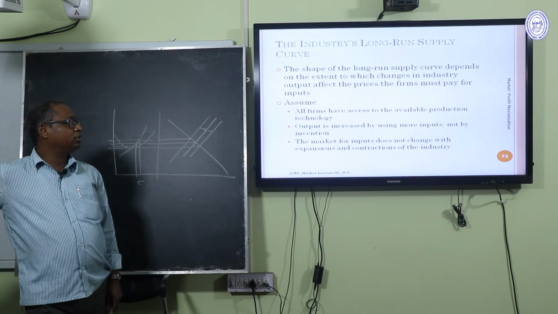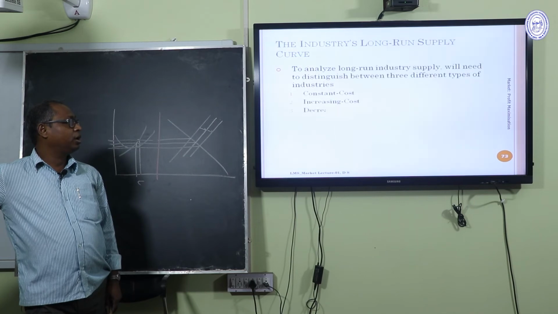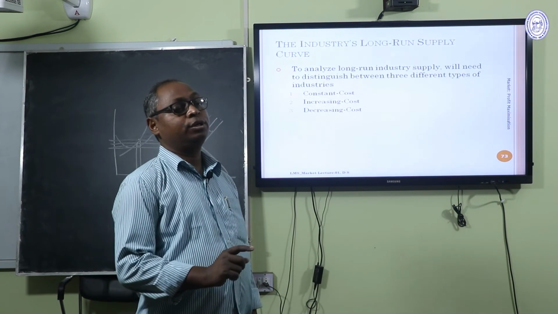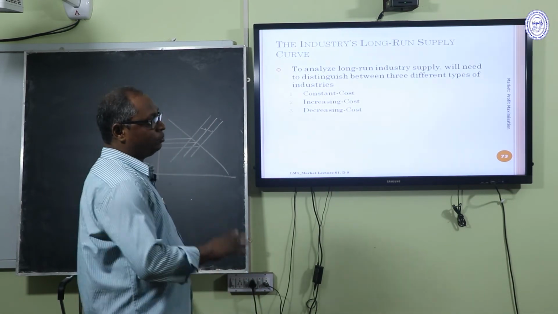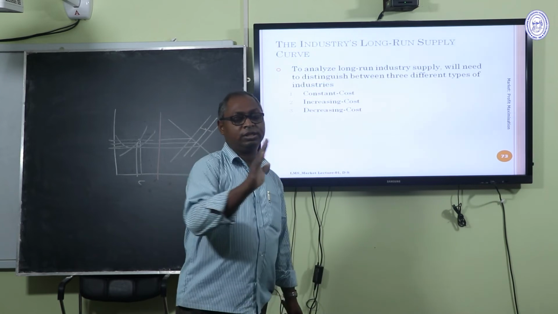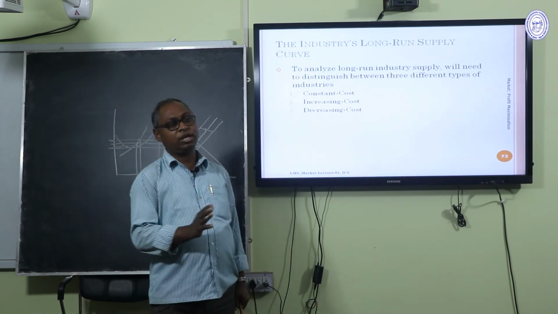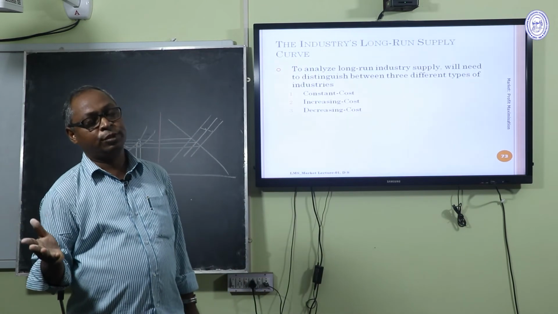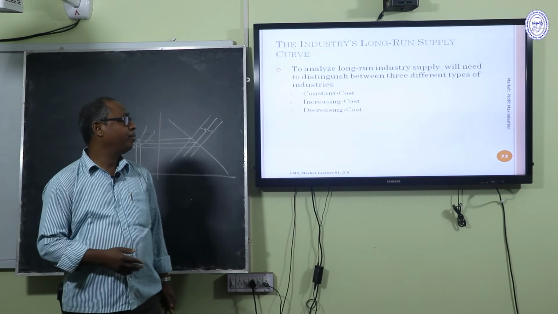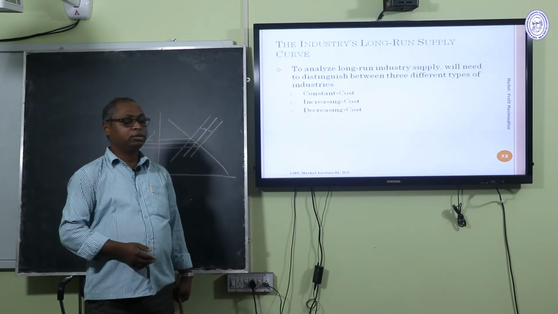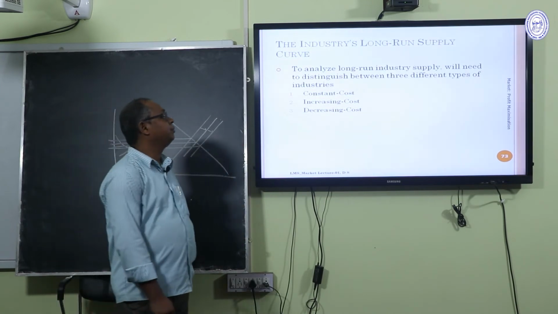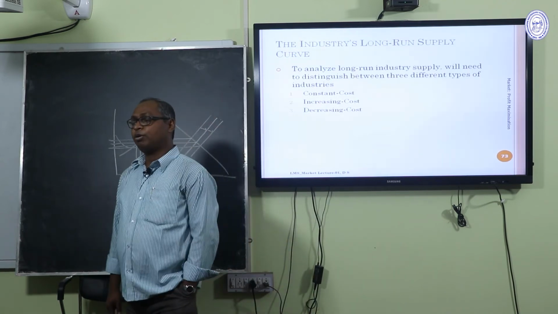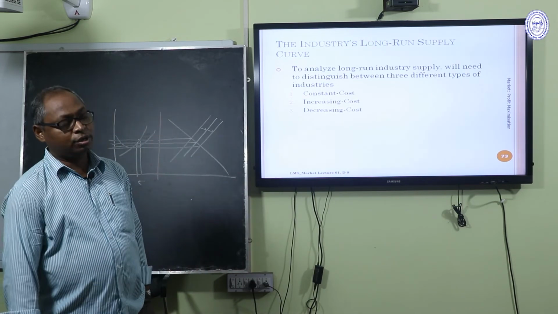In the previous section we had an idea about how to derive the firm's short-run supply curve, and from this we take the horizontal summation of all firms in the industry, and we got the short-run supply curve of the firm and the industry as a whole. But here, the long-run supply curve of the industry in perfect competition depends on some economies of scale.